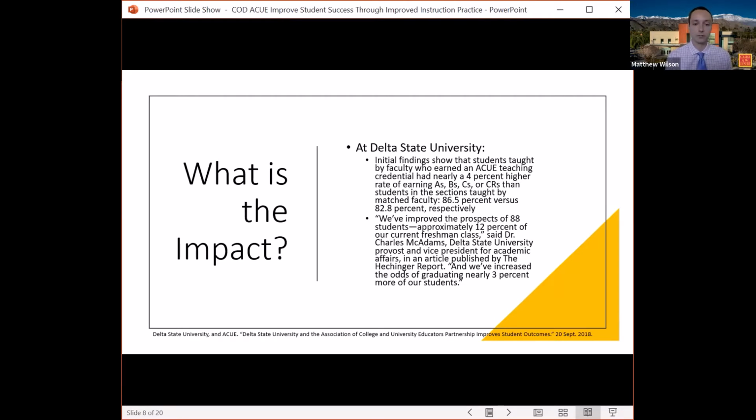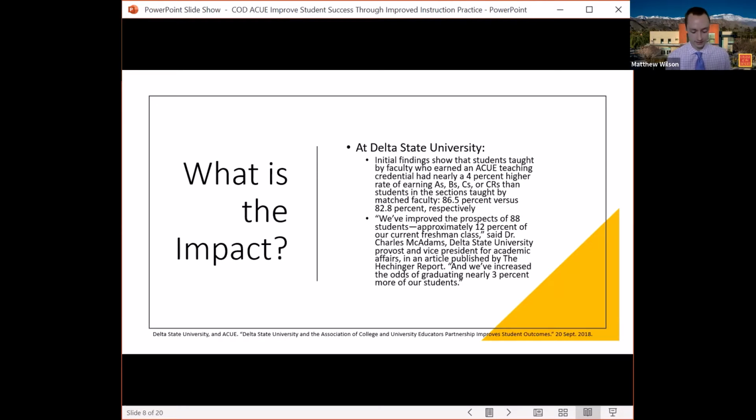And there's a quote from one of their members, the provost and vice president: "We have improved the prospects of 88 students, approximately 12% of our current freshman class. And we've also increased the odds of graduation by graduating nearly 3% more of our students."